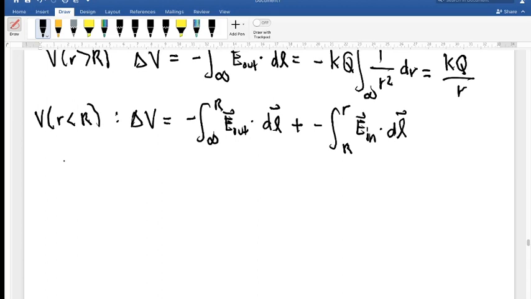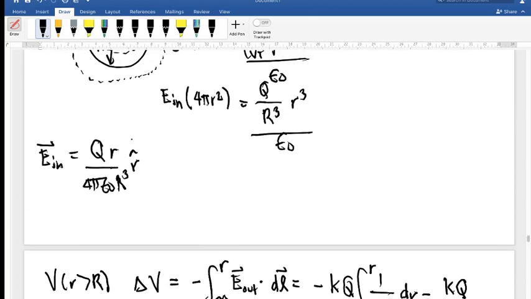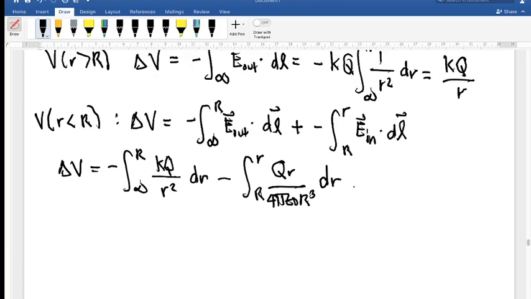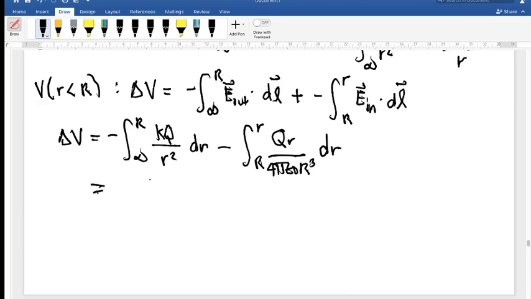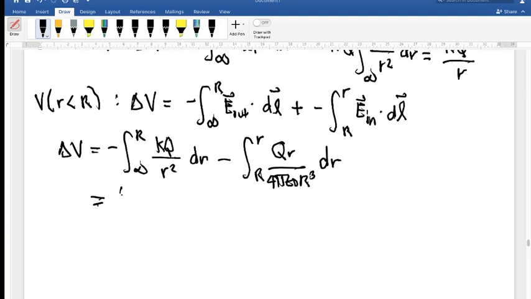So how much is that? Delta V is equal to negative integral from infinity to R of kq over r squared dr, plus the integral from R to r, where the inside field is q r over 4 pi epsilon sub naught R cubed, then we still have dr. Next, this integration is just equal to kq divided by capital R, minus q over 4 pi epsilon sub naught R cubed, which is constant.